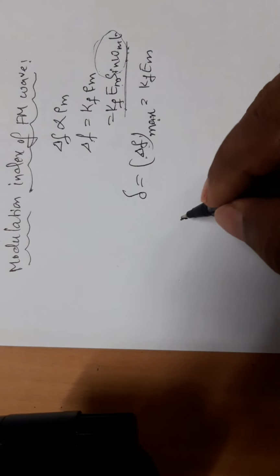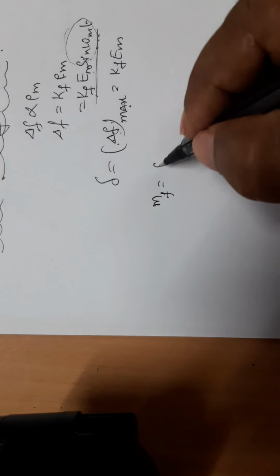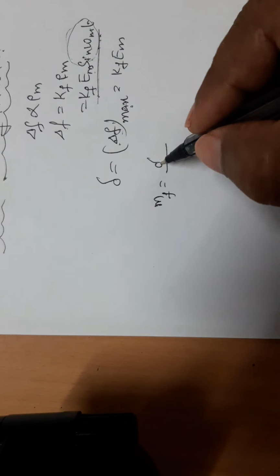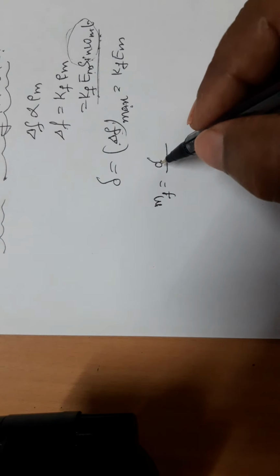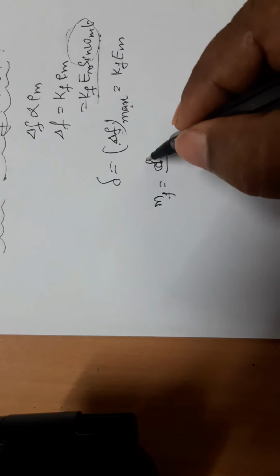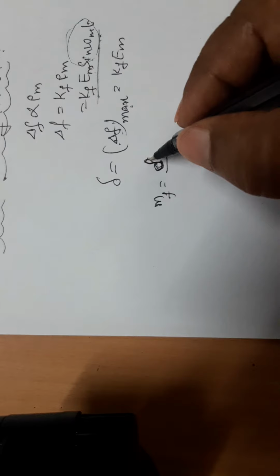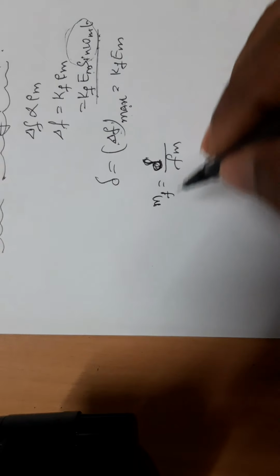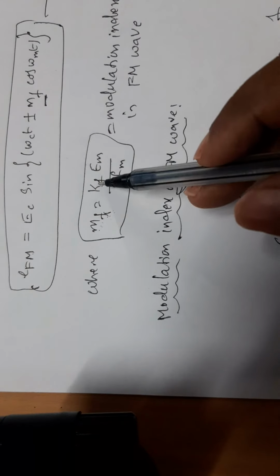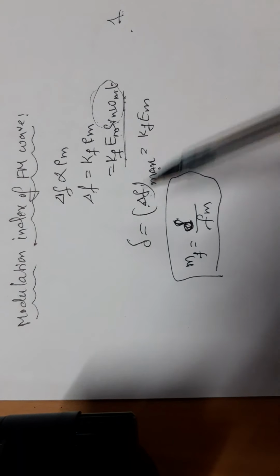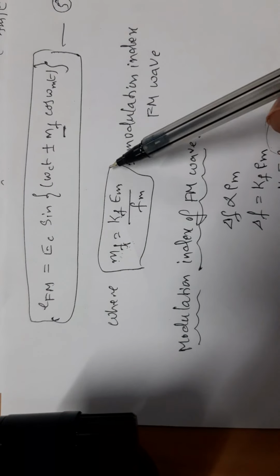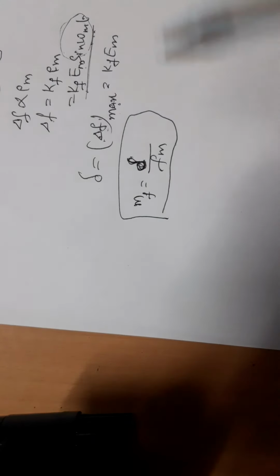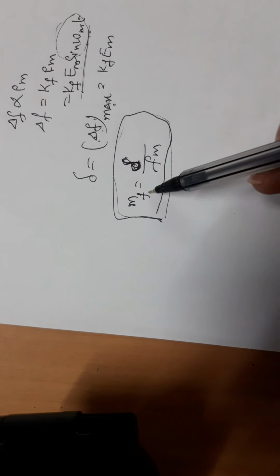Now the modulation index MF is defined as the ratio of the maximum deviation of the carrier frequency, delta, divided by Fm, because MF equals KF EM, and KF EM is delta. Therefore, MF is equal to delta by Fm. So this is the modulation index of the FM wave.